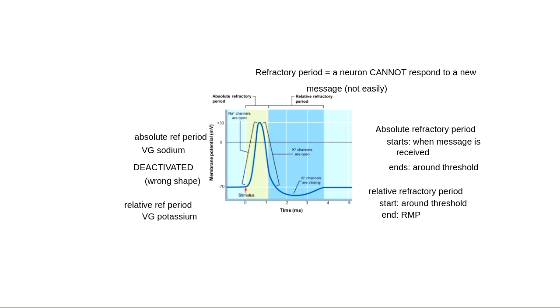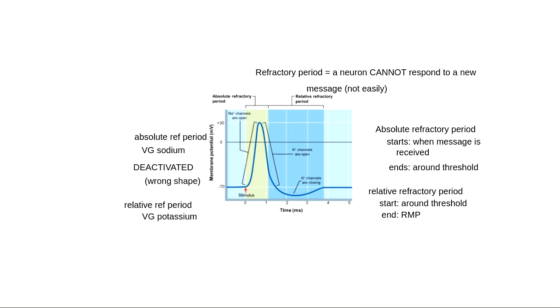We want to make sure that we know that the absolute refractory period is a voltage gated sodium channel problem. We want to make sure that we know that the relative refractory period is a voltage gated potassium channel problem. Make sure that we know the difference between what channels are involved here, and that during the absolute refractory period, no new messages.